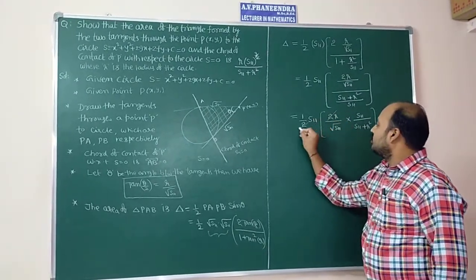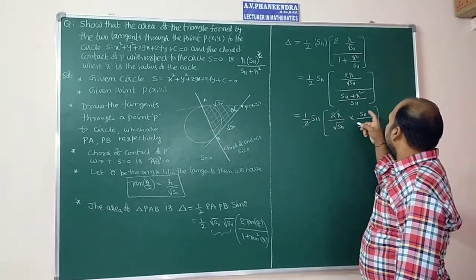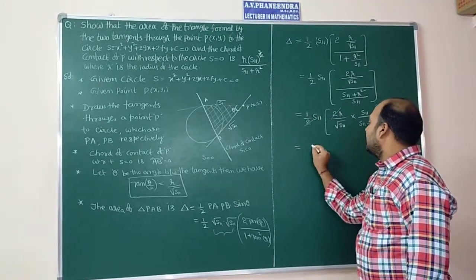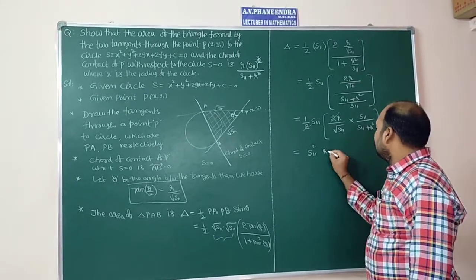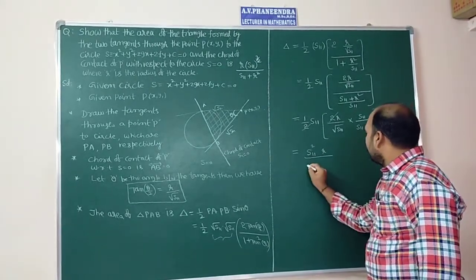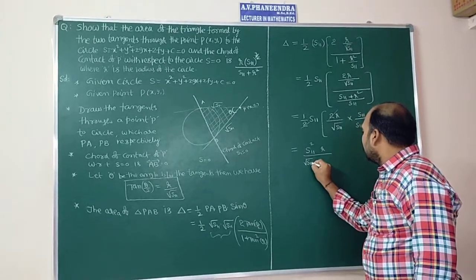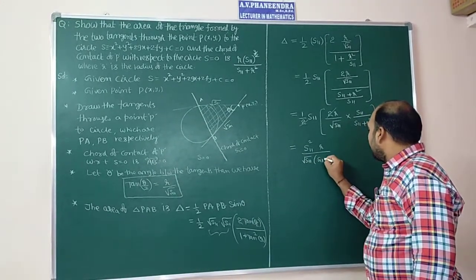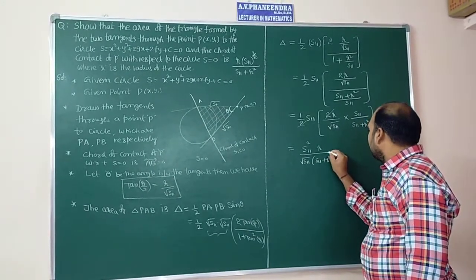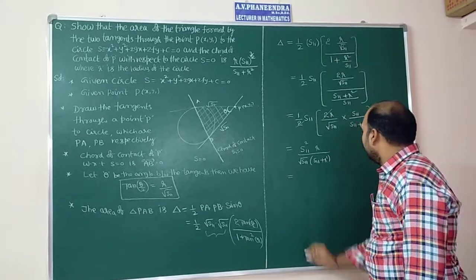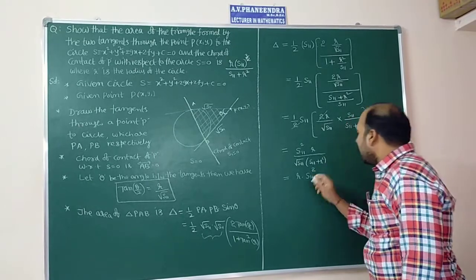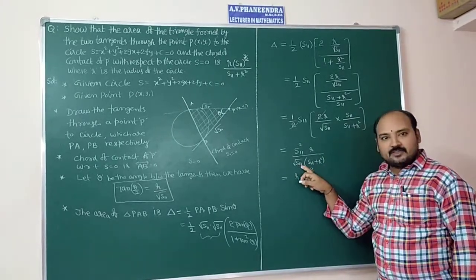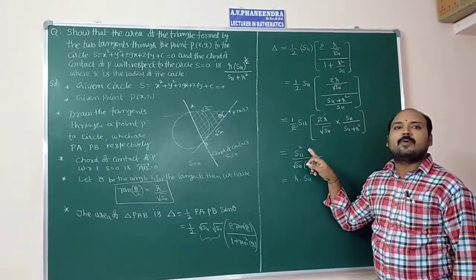Now here 2 gets cancelled. S11 into S11, into r divided by √S11, into S11 + r², which is equal to r into S11 whole square. √S11 means S11 to the power 1/2.